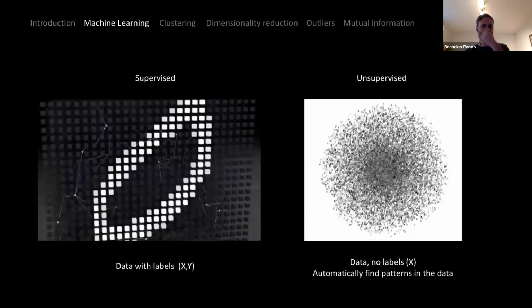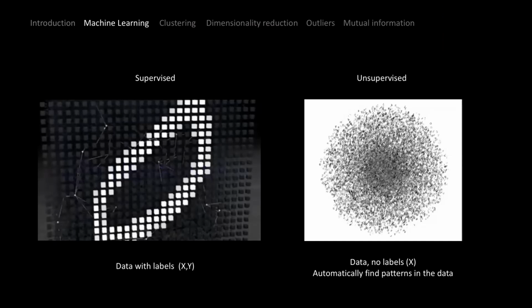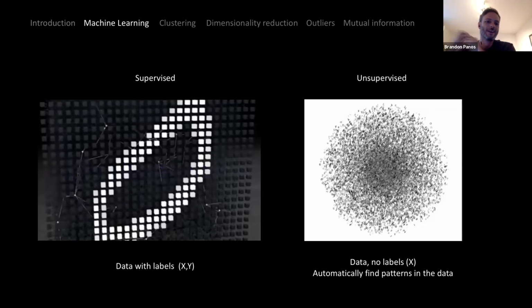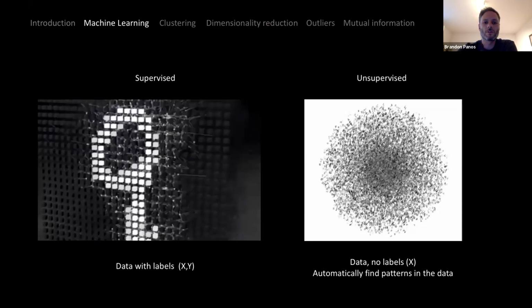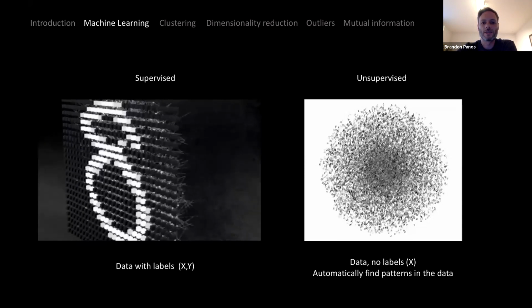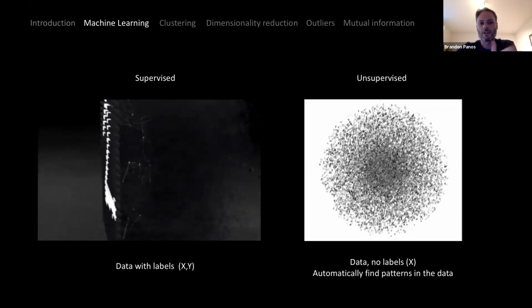So classical machine learning is divided into 2 categories. There's supervised machine learning and unsupervised machine learning. So in the supervised category, we have both the data, in this instance, an image, as well as the truth value, which is generally labeled by Y. And that is that this image that you see on the left is a 0. So what we do over here is we feed images to a network called a neural network. This sets off a cascade of activity down these connections.